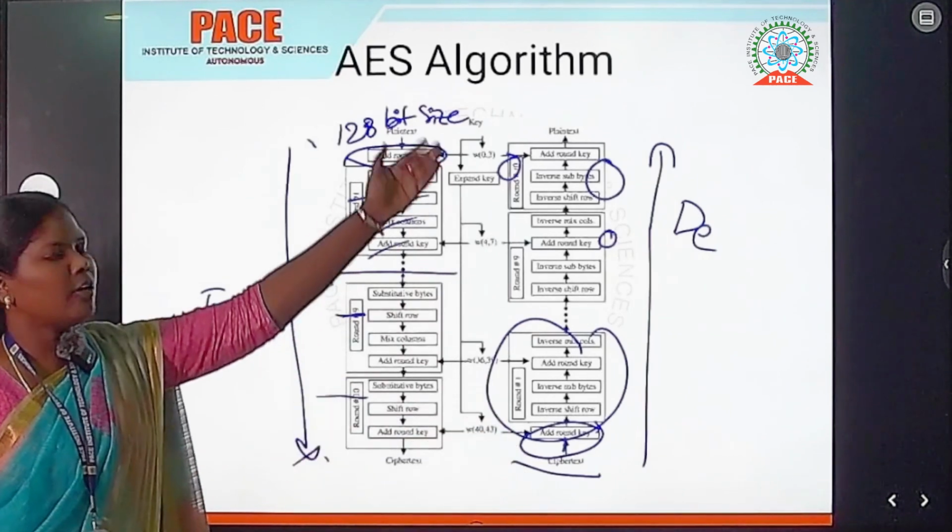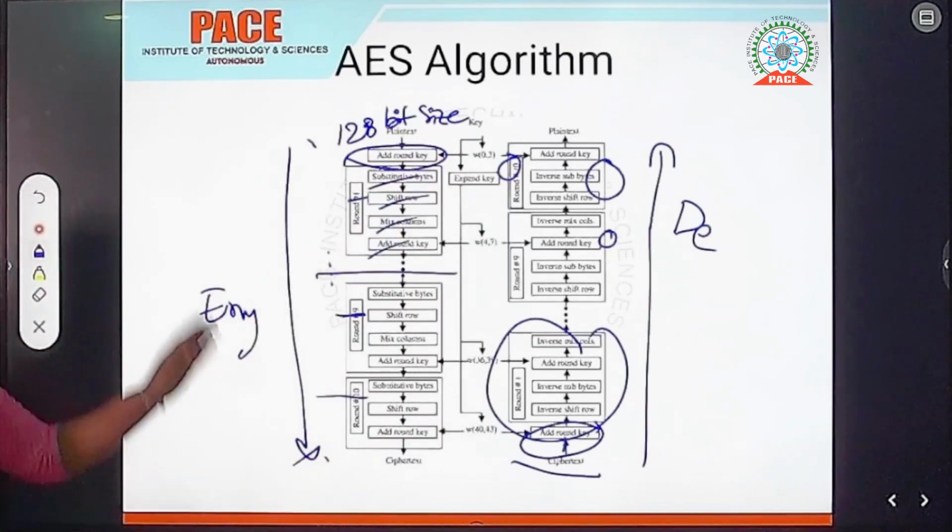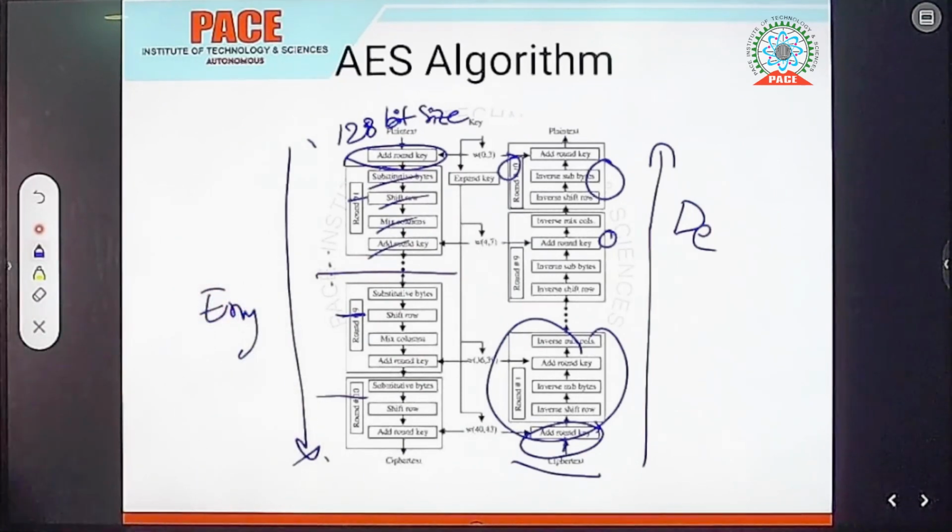In between, we have rounds. The first has substitute bytes, shift rows, mix columns, add round key. Those are the 4 steps in round 1, and up to round 10 we have the same 4 steps.